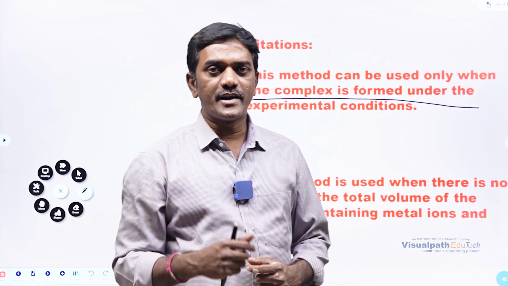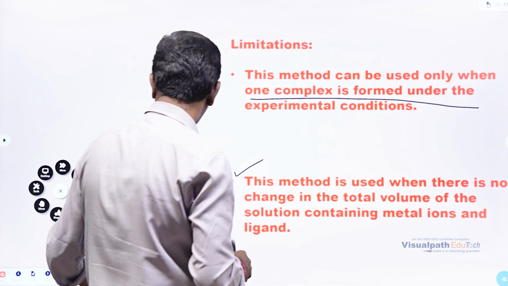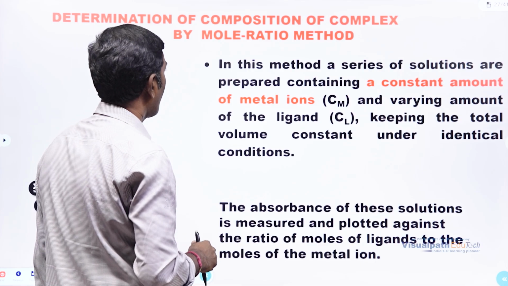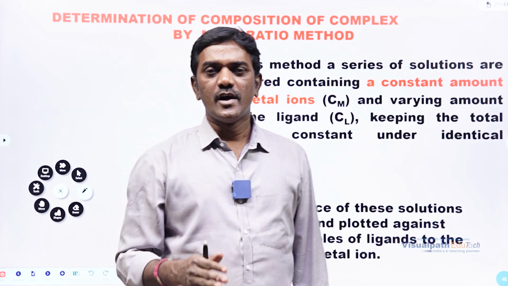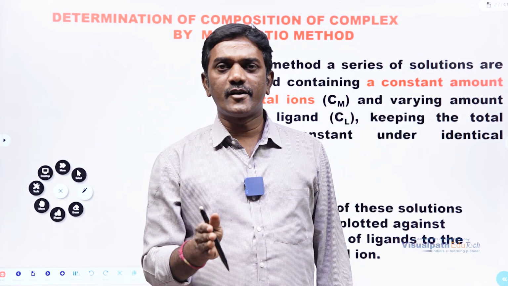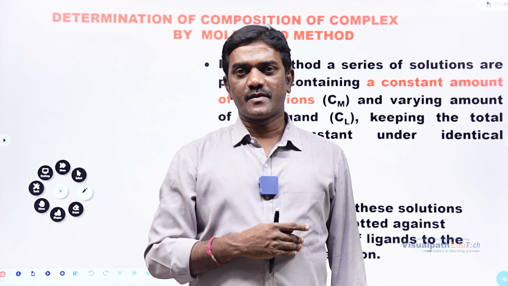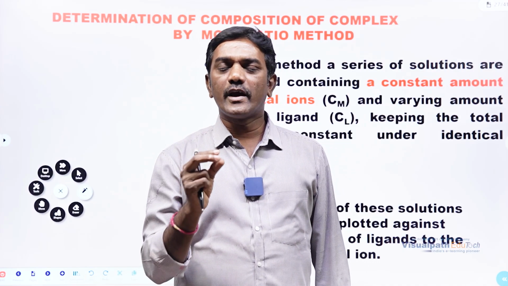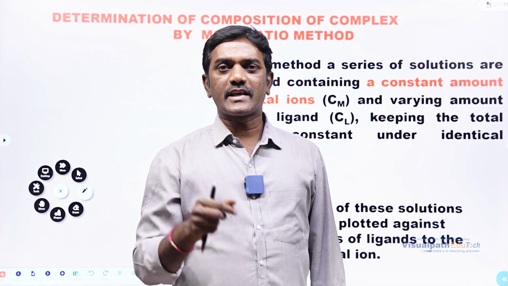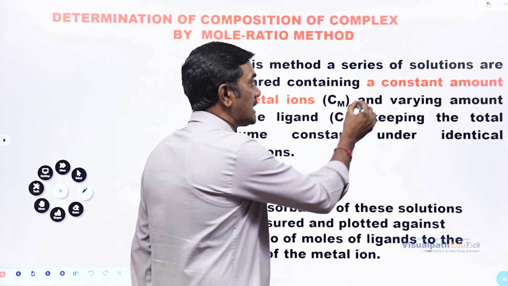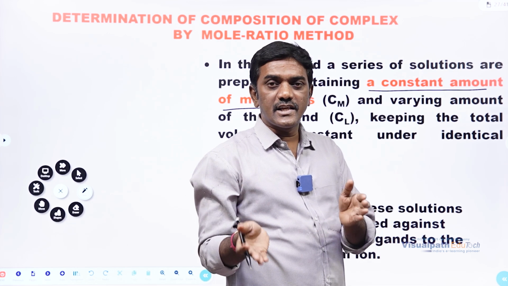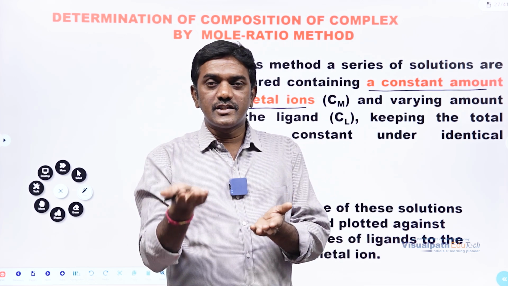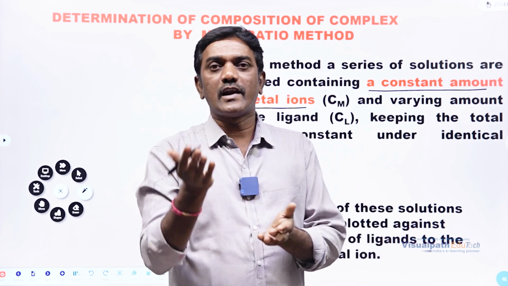Now we are going to discuss the composition of metal by the mole ratio method. What is the meaning of mole ratio? The mole ratio method is exactly similar to Job's method, but here we keep a constant amount of metal ion and change the volume of ligand.